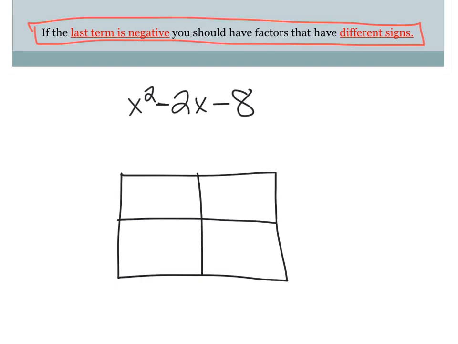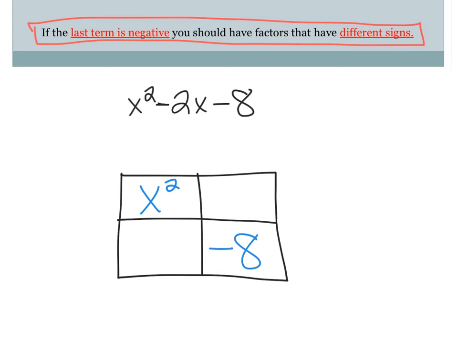Okay, so your x squared is always going to go in the upper left-hand corner. And your last term, that negative 8, is always going to go down in the bottom right corner. Okay, and so now we know that, and I left this visible on the screen, if the last term is negative, you should have factors that have different signs.